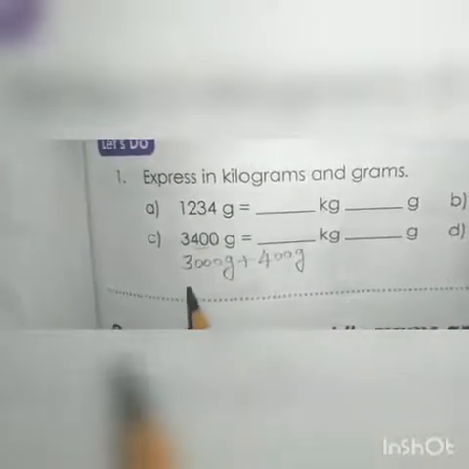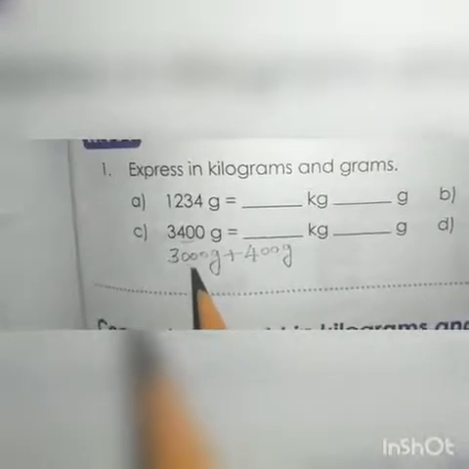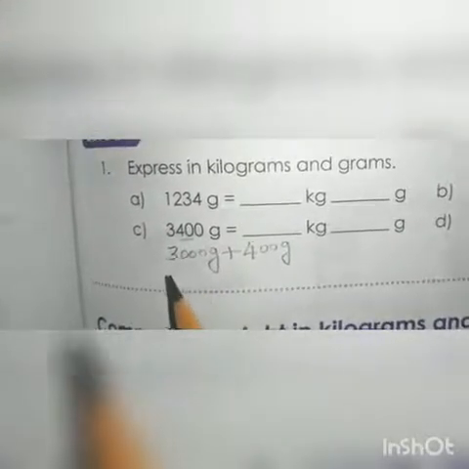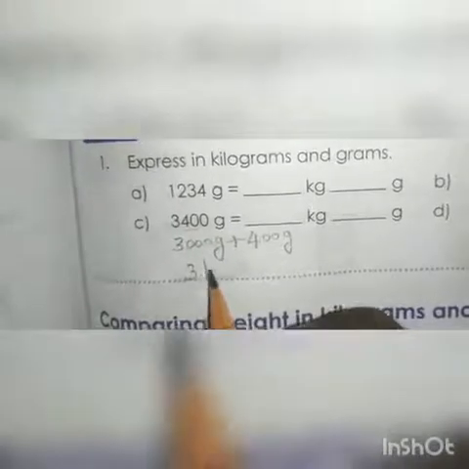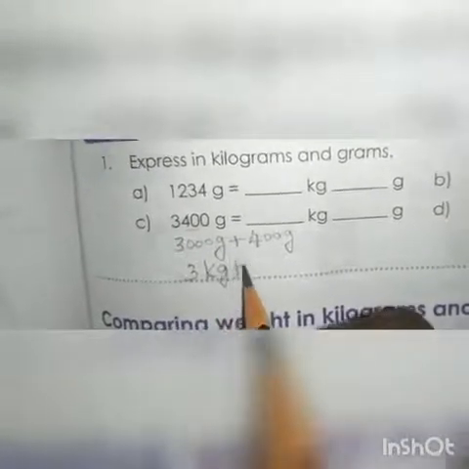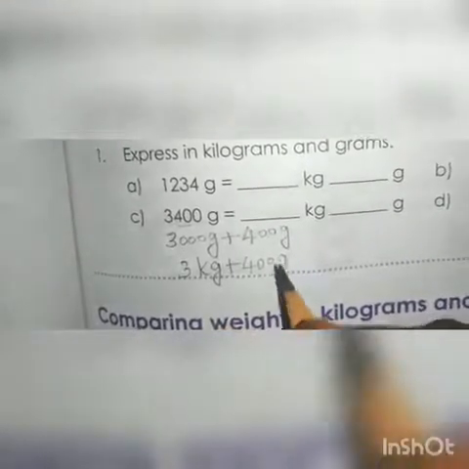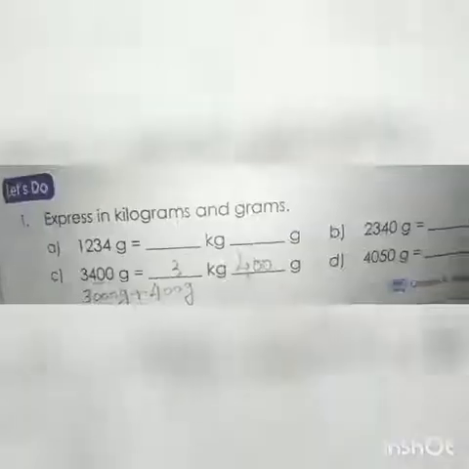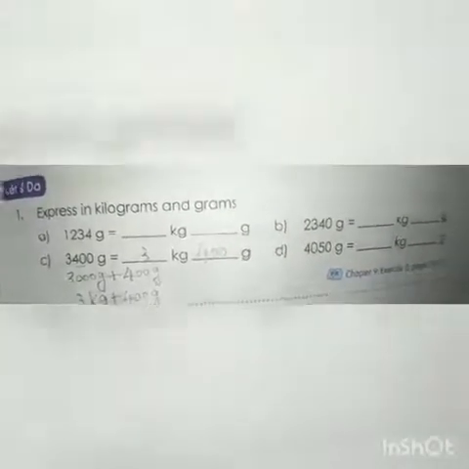We know that 1000 gram is equal to 1 kilogram, so 3000 gram is equal to 3 kilogram. 3 kilogram plus 400 gram. If we add this together, we will get 3 kilogram 400 gram. In this way, you have to do these problems by yourself.